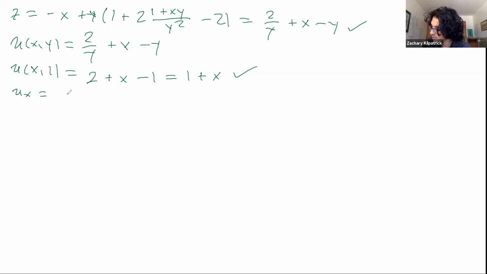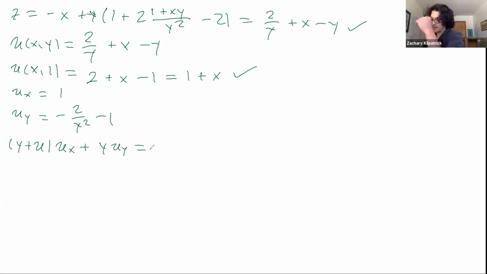Now that is equal to 1, okay? u sub y is equal to minus 2 over y squared minus 1, okay? So if we plug this into our PDE, we get y plus u times ux plus y u sub y, okay?